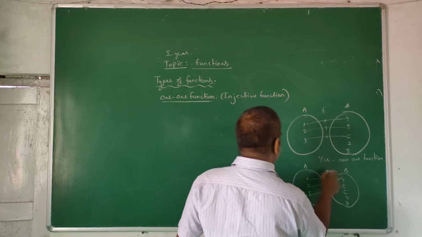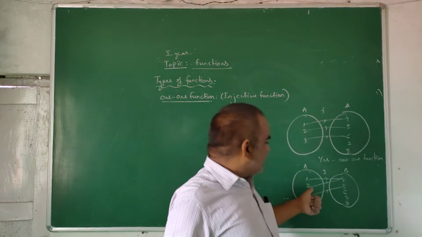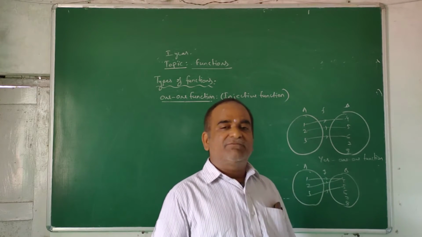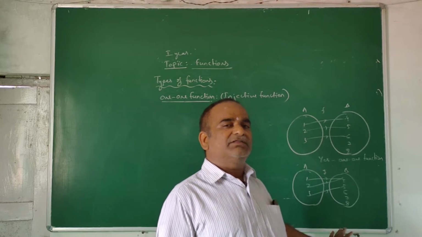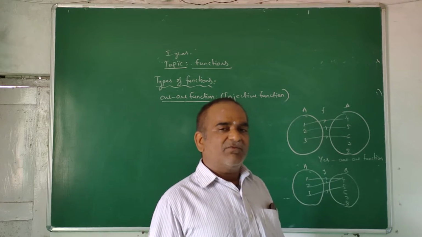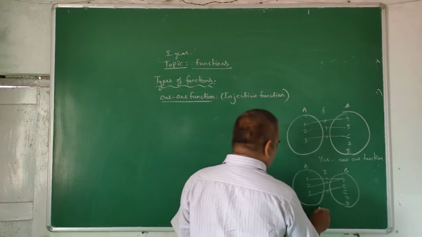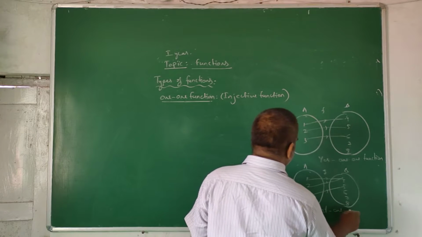Say it is another function g. Here two different elements 1 and 2 have the same image 4. So if you see this kind of situation, you can say easily that it is not one-one function.